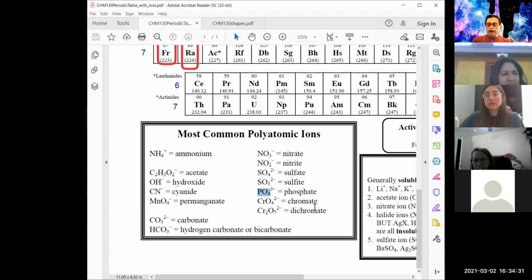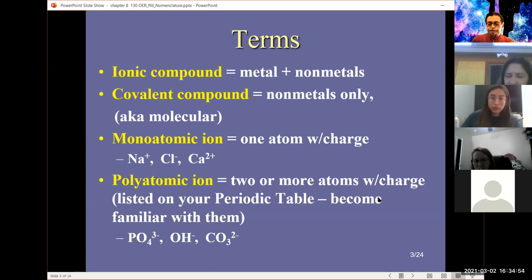Thing to remember again is they are a packet. We don't change them. That's the name for that polyatomic ion, and that is the formula. And that is the corresponding charge. Now, that part's going to be important when we start putting these molecules together. And I've introduced that earlier, but I'm going to expand on it some more.